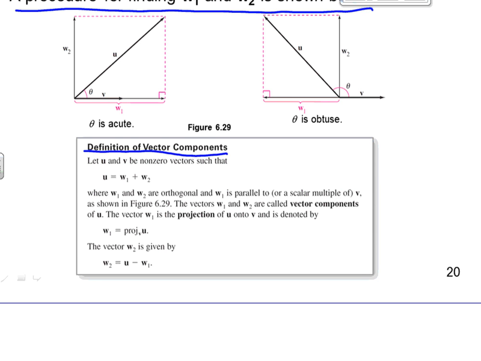So the definition is: let U and V be two non-zero vectors such that U is equal to W1 plus W2, where W1 and W2 are orthogonal and W1 is parallel to, or a scalar multiple of, V, as shown in this figure right here.